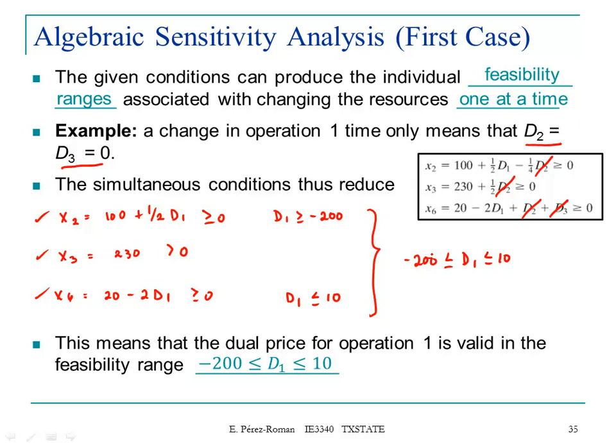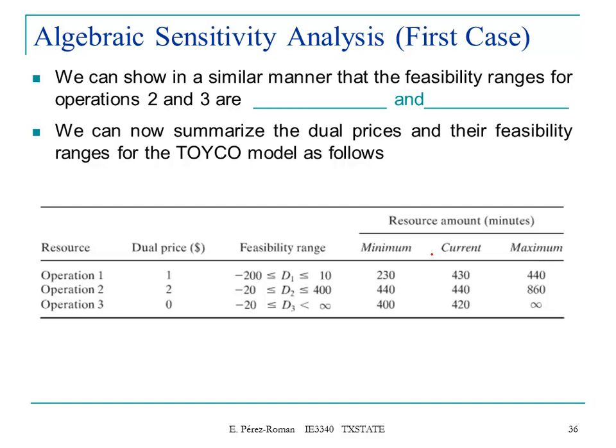You're going to assign D1 equals 0, D2 equals 0, and then find the variables for D3 with the coefficients for D3, solve for D3, and get the range for D3. You can perform these two extra operations on your own, following the same steps, and you can show in a similar manner that the feasibility ranges for operations 2 and 3 are these two, because that's what you're going to find.